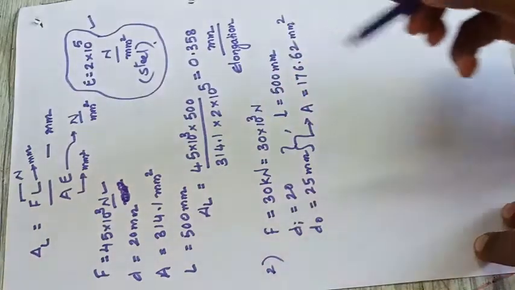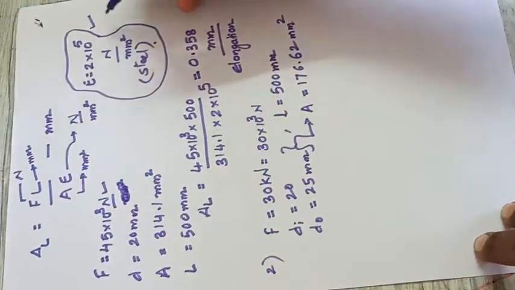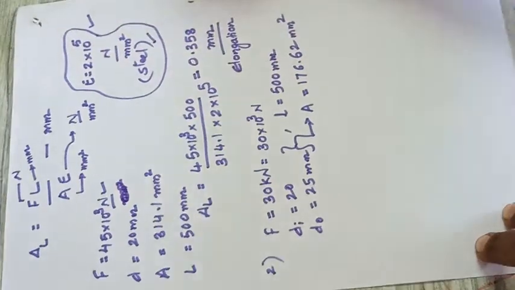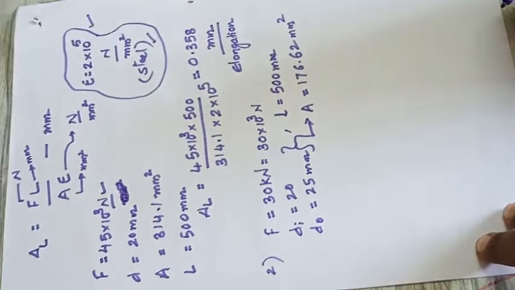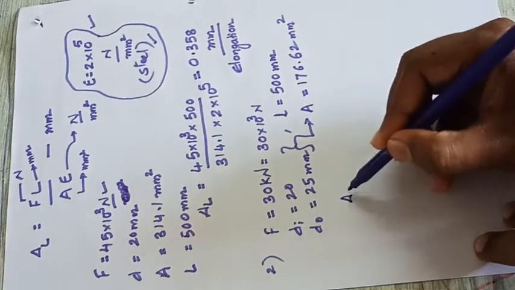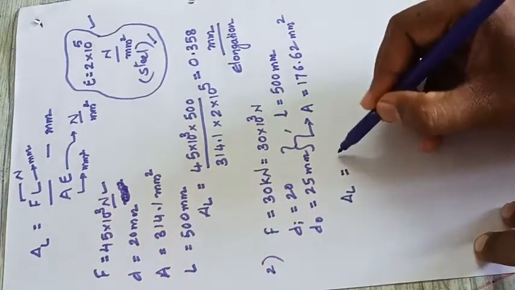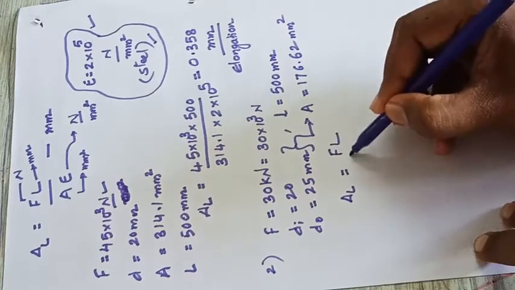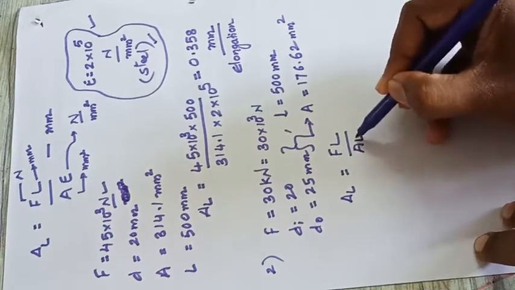So force, area, and Young's modulus: we will assume that it is made up of steel, so the Young's modulus will be 2 into 10 raised to 5. The change in the length, delta L, is equal to, once again the formula, FL by AE.